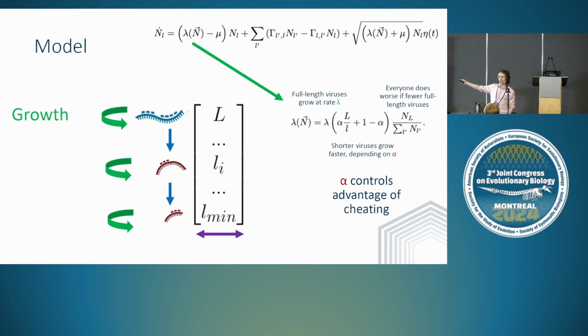And the key thing we put in here is this alpha term. So we're saying if you get shorter, you can be replicated more quickly, and we tune that with alpha. You can think of this like a composite parameter. It's like relatedness in a social evolution model. Multiple things are going into this, things like the co-infection rate, things like the biophysical relationship between speed and length within the cell. But this is an open parameter that's going to tell us how readily cheats can spread within this population.